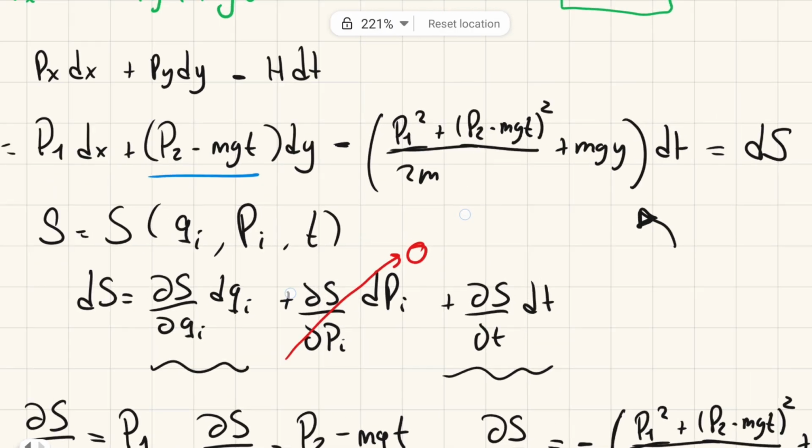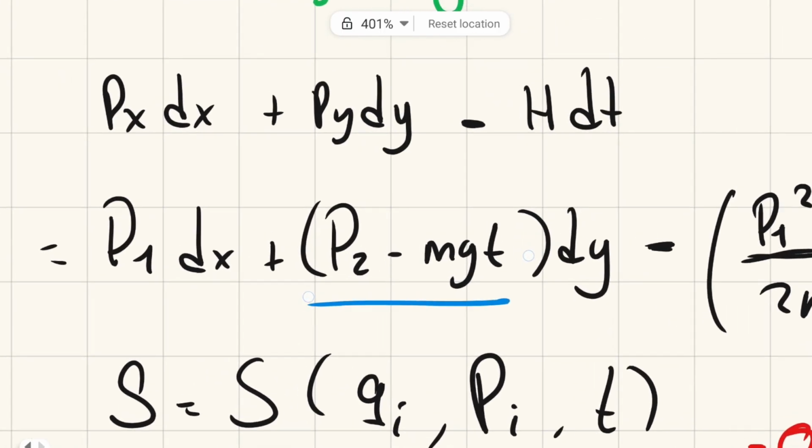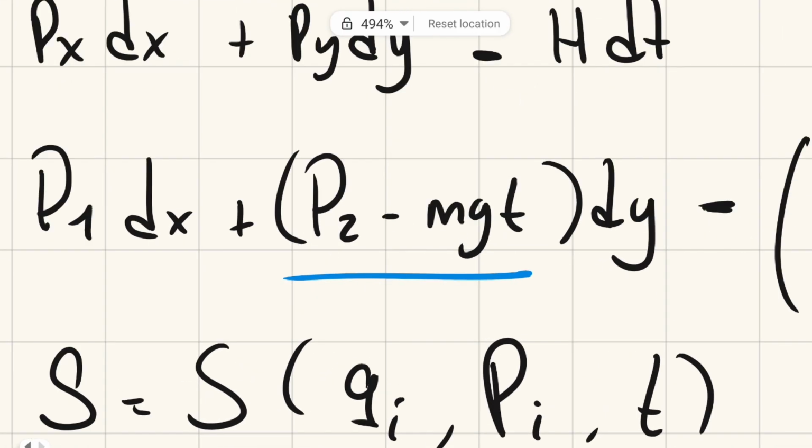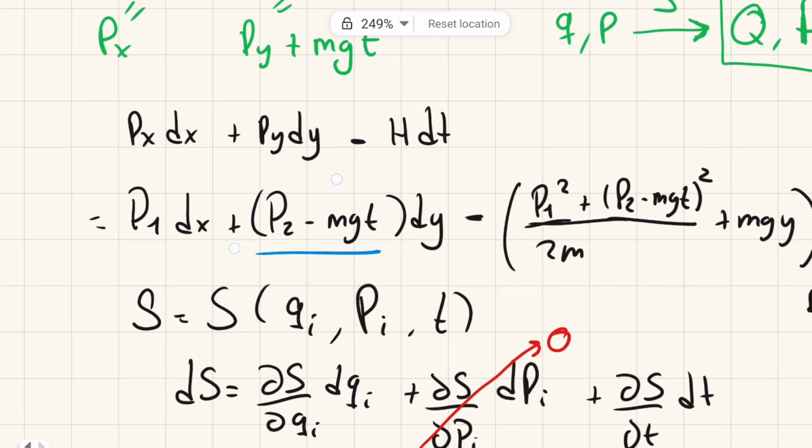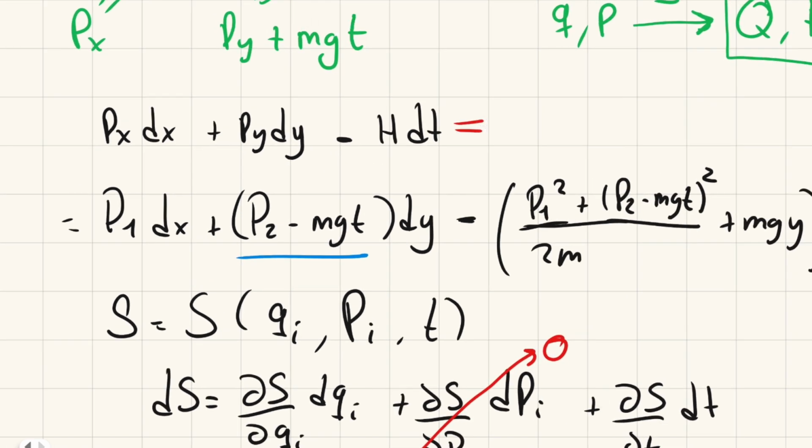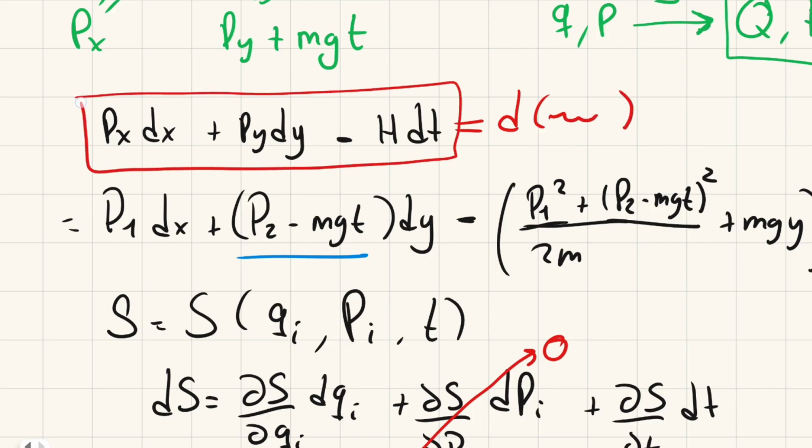We establish this quantity, and then we try to make some tricks to find the differential of something that can be defined as this thing over here. And that quantity that we construct corresponds to the function s. That is the powerful thing of Liouville's theorem.